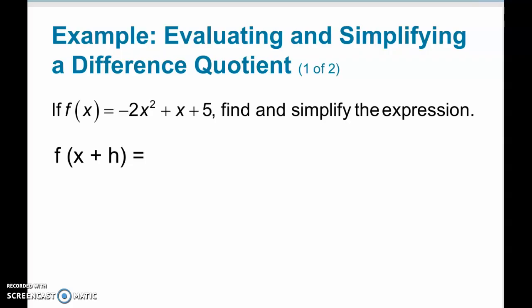And a secant line is a line that passes through the graph at 2 points. So the difference quotient of a function will measure what is called the average rate of change of the function with respect to x. So if it is a linear function, then the difference quotient is going to be the slope.